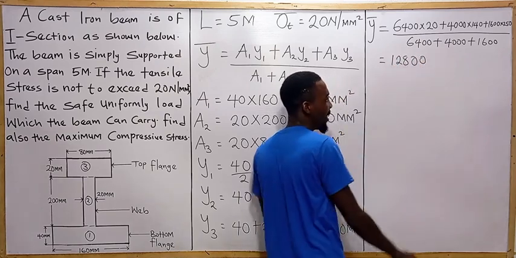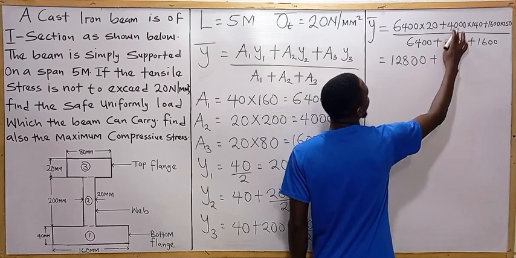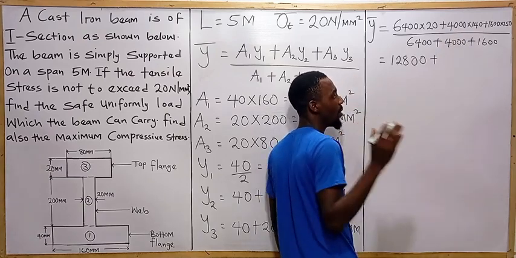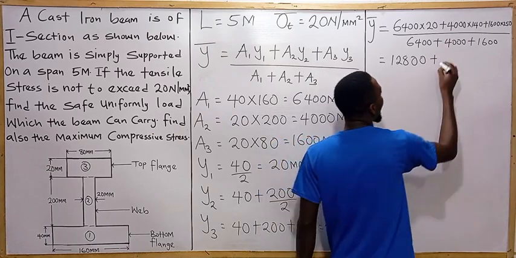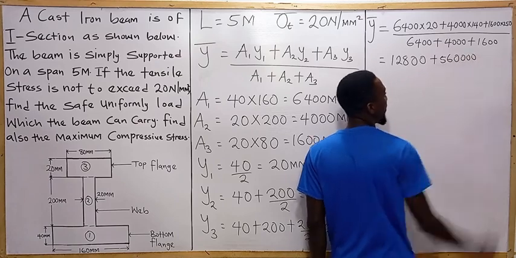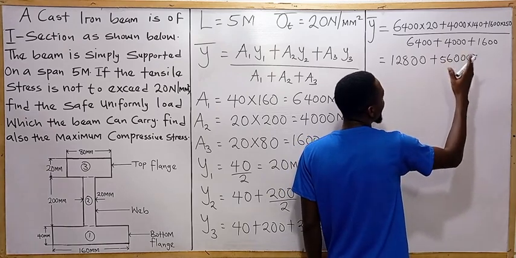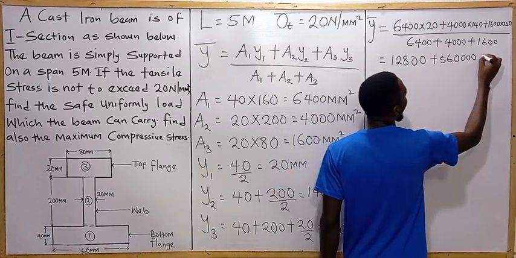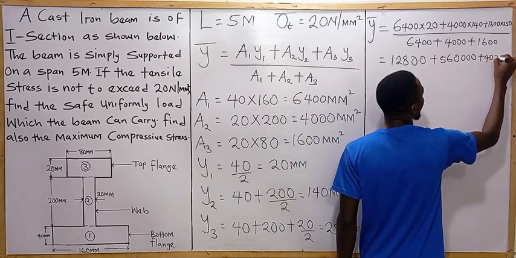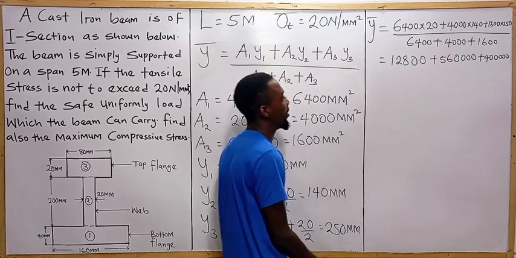Plus the 4,000 multiplied by 140, we are going to have 560,000. And 1,600 multiplied by 250 is nothing but 400,000. All right. So that is what we are going to have.